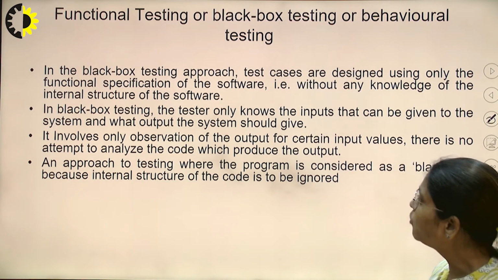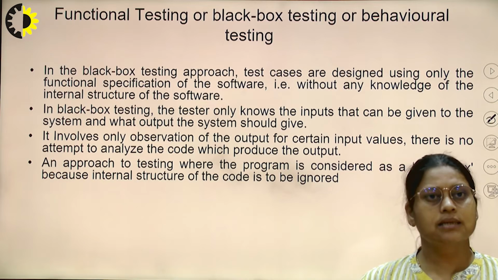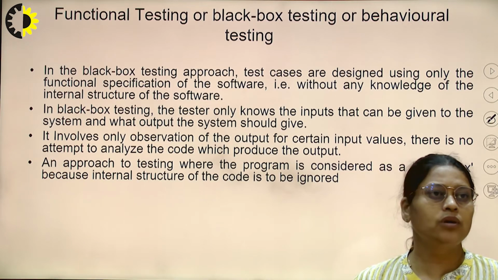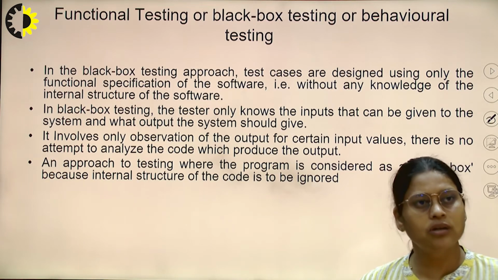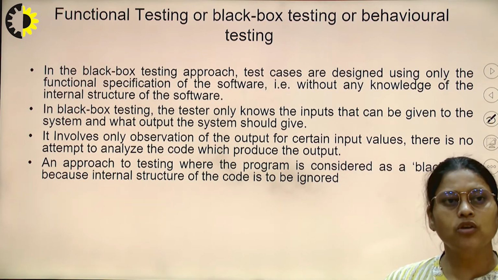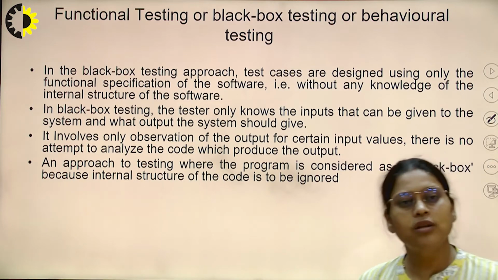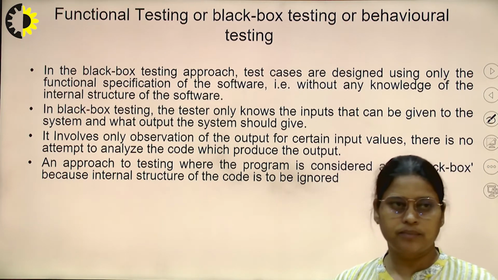In the black box testing approach, we generate test cases that are designed usually only for the functional specification of the software. It means that without any knowledge of the internal structure of the software, we just check the software on the basis of input and output.